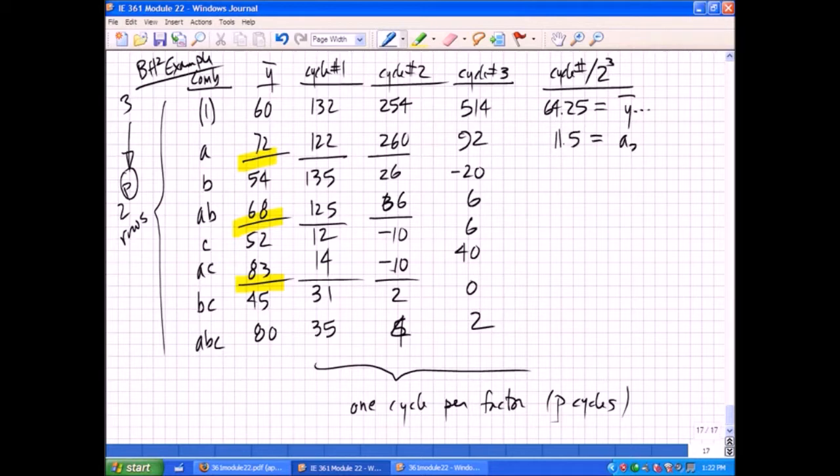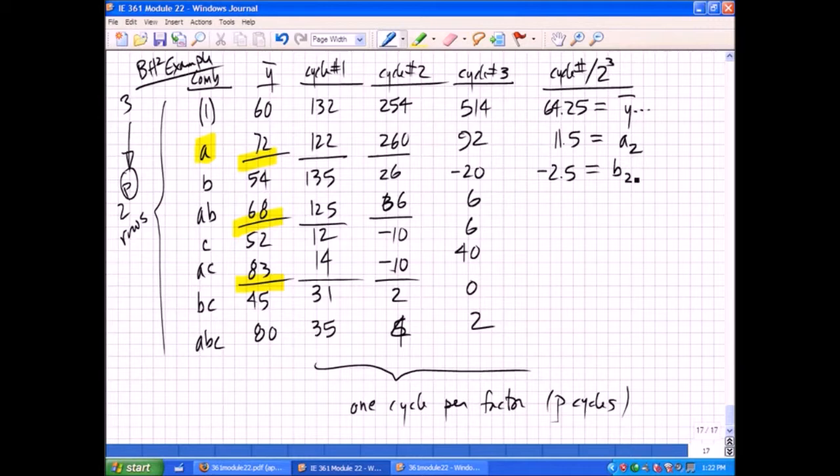That is the main effect of factor A at its second level. That is, I can look over here and see an A on that second row and tell myself, oh, 11.5, that's the main effect of factor A at its second level. If I take minus 20 and divide by 8, I get minus 2.5, and that's B number 2.